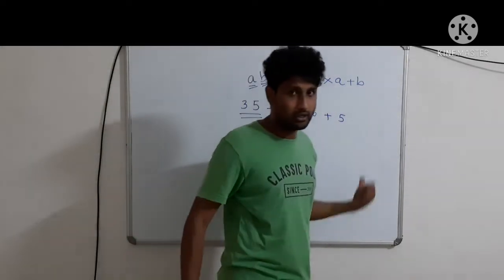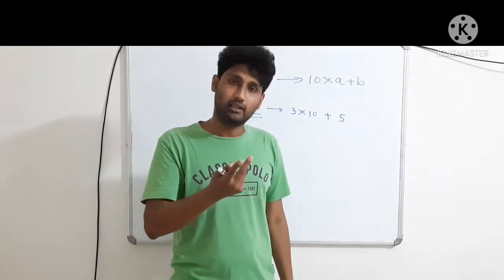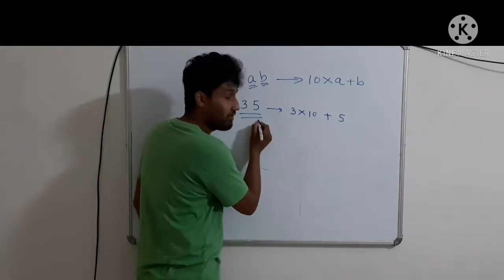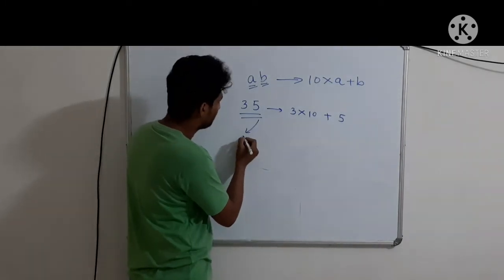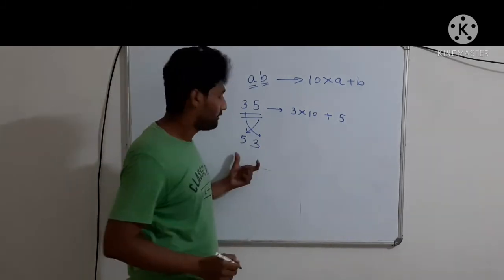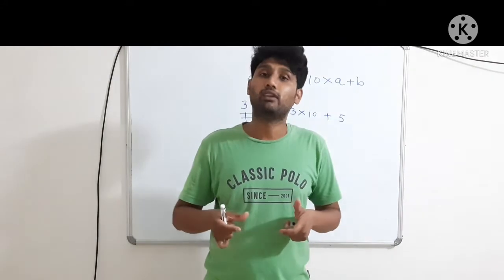We have this number 35. Let's reverse the number. By reversing the number, I mean interchanging the digits. So 5 will come at the tens place, 3 will go to the units place. The new number is 53. Now we have to add the two numbers.